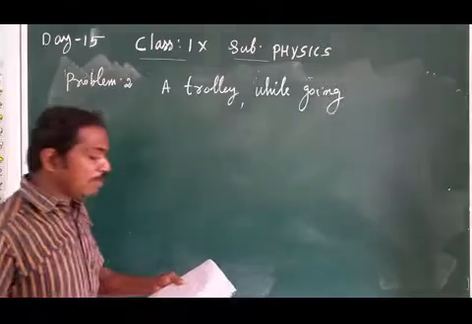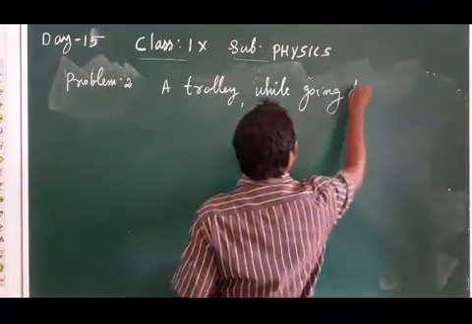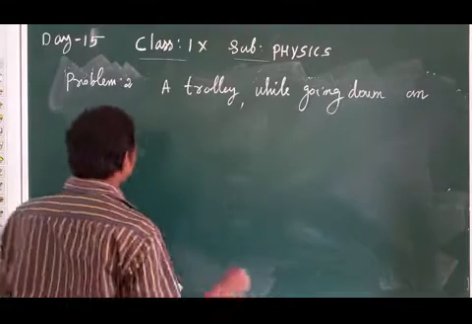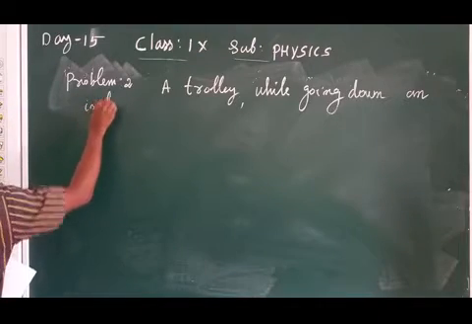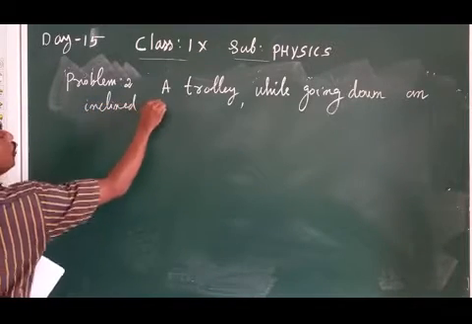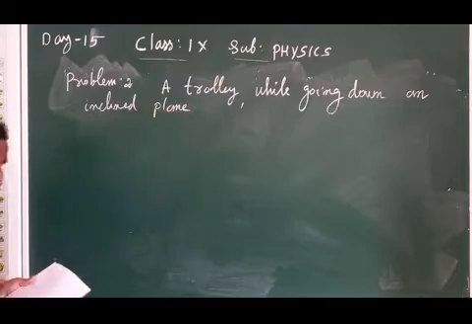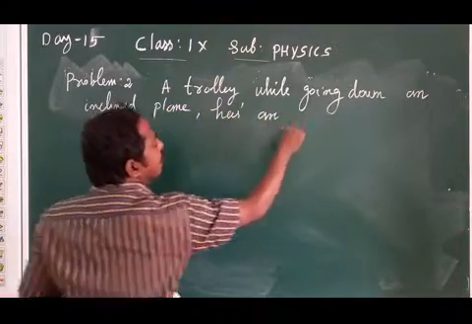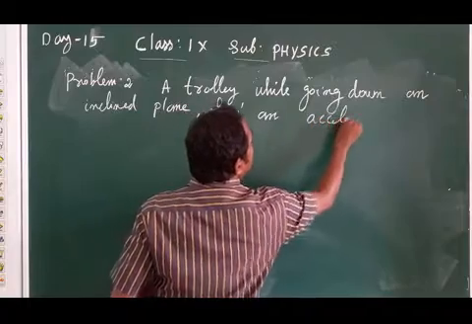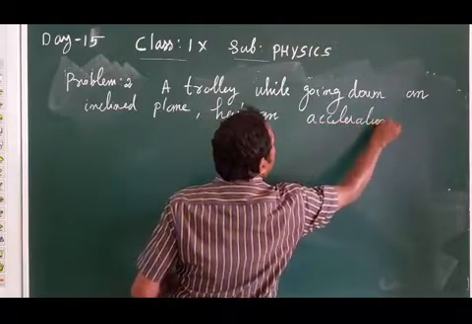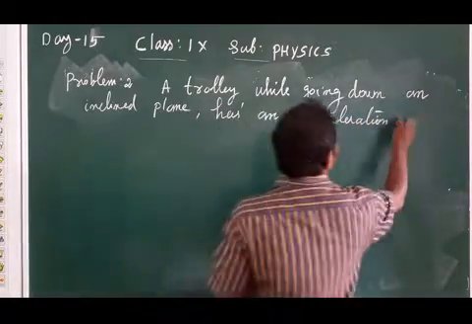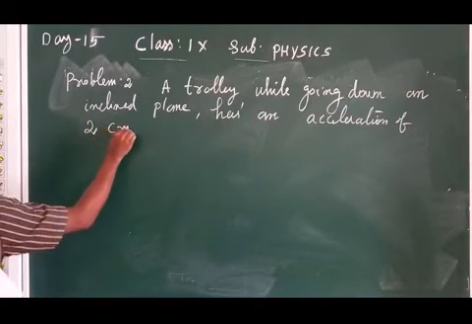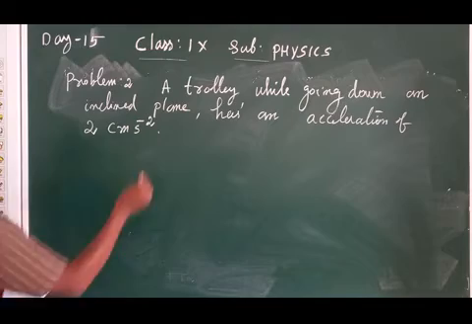A trolley while going down an inclined plane has an acceleration of 2 centimeters second raised to minus 2.